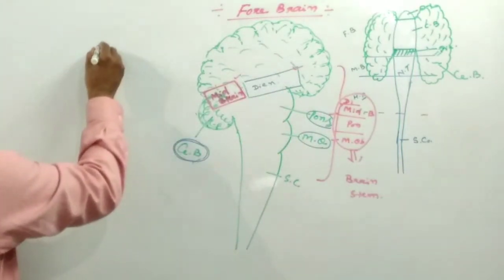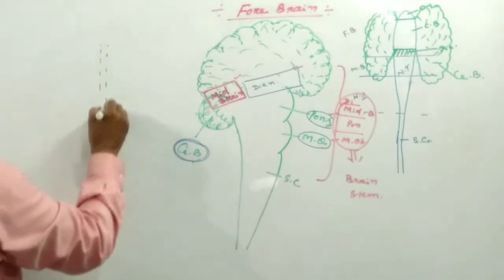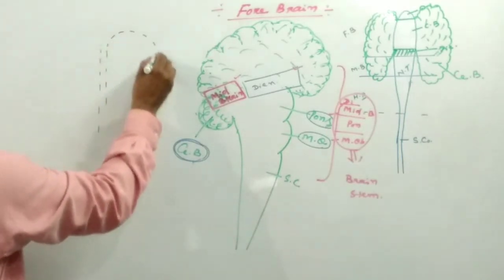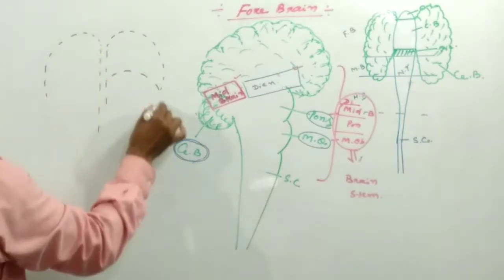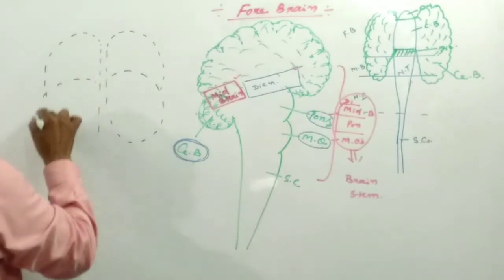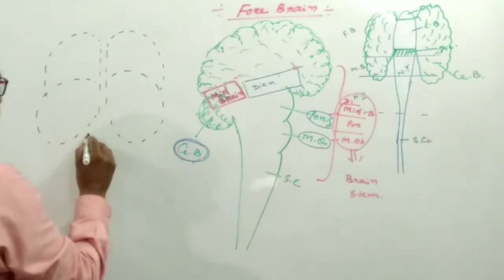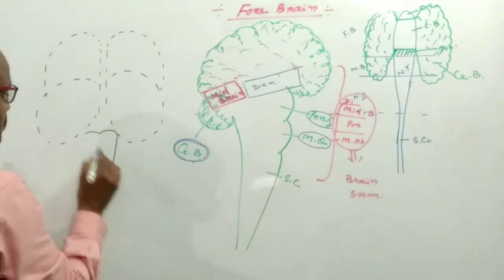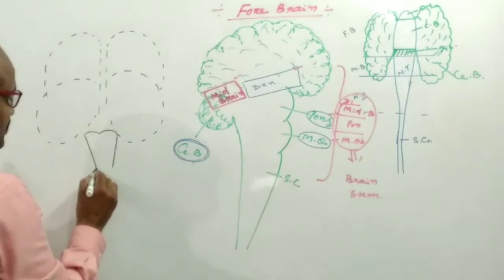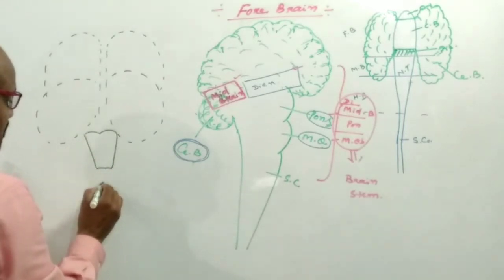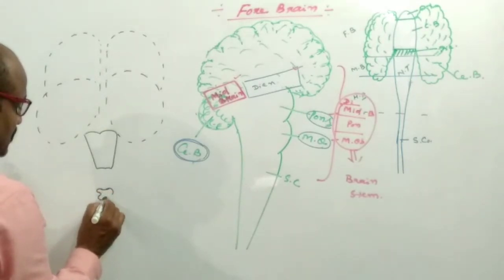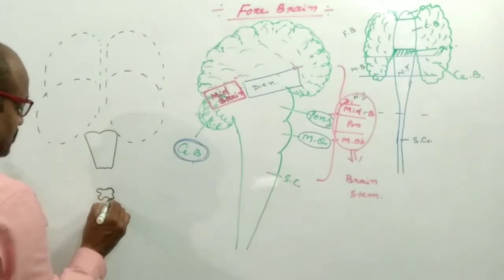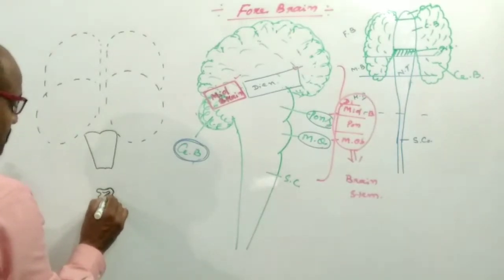So let me draw the ventral view of the brain. Suppose that this is the ventral view of the brain. Here you can easily find the cerebrum, and the olfactory lobe.